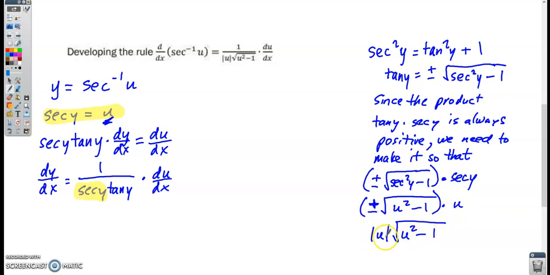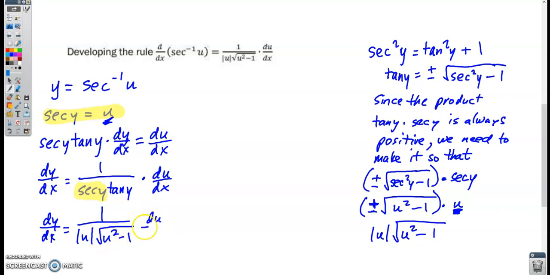So by putting the absolute value in here, we've taken the fact that this is positive or negative and combined it with the fact that this is positive or negative to come up with a value that is always positive, just like we wanted this product to be because of the reality of the situation. And so I can replace secant of y times tangent of y with the absolute value of u times the square root of u squared minus 1.